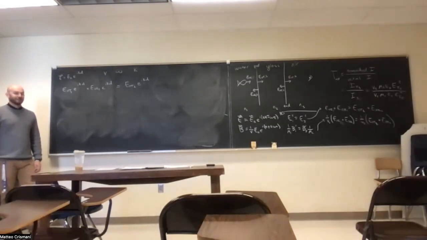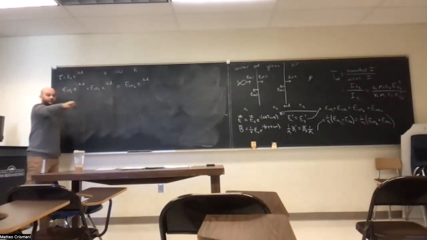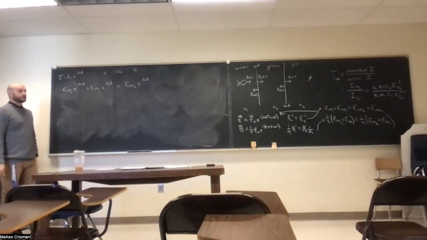Omega over 2 pi is equal to frequency. This omega is equal to kv, I'm just going to call that v. This is the velocity, because we said that the velocity changed, right? So k is equal to omega over v.